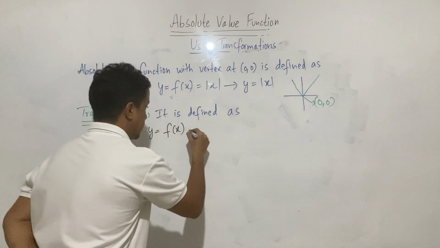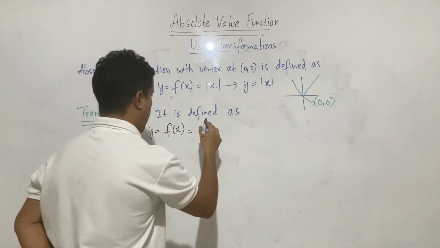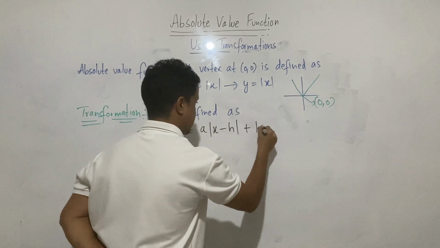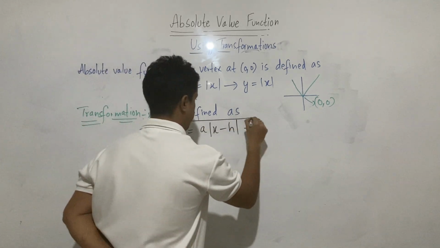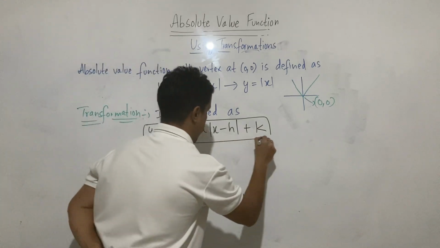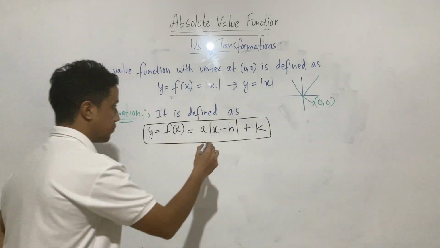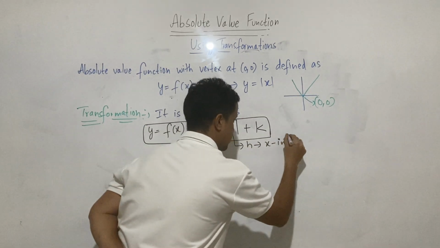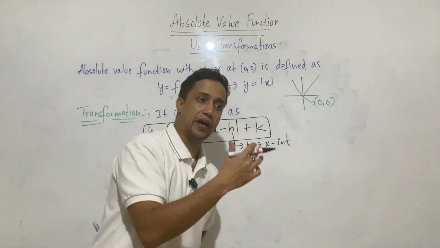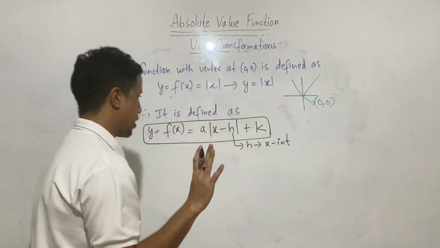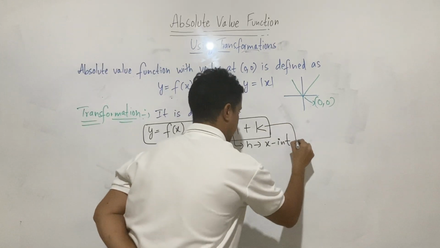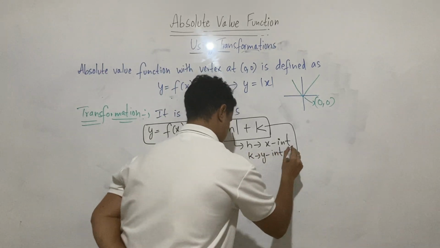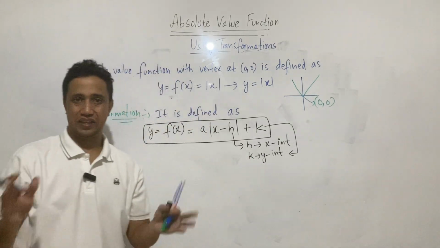So it's defined as a|x minus h| plus k, where h denotes your x-intercept. You can call it x-intercept or abscissa, the meaning is the same. And k represents the y-intercept. You can call it y-intercept or ordinate.